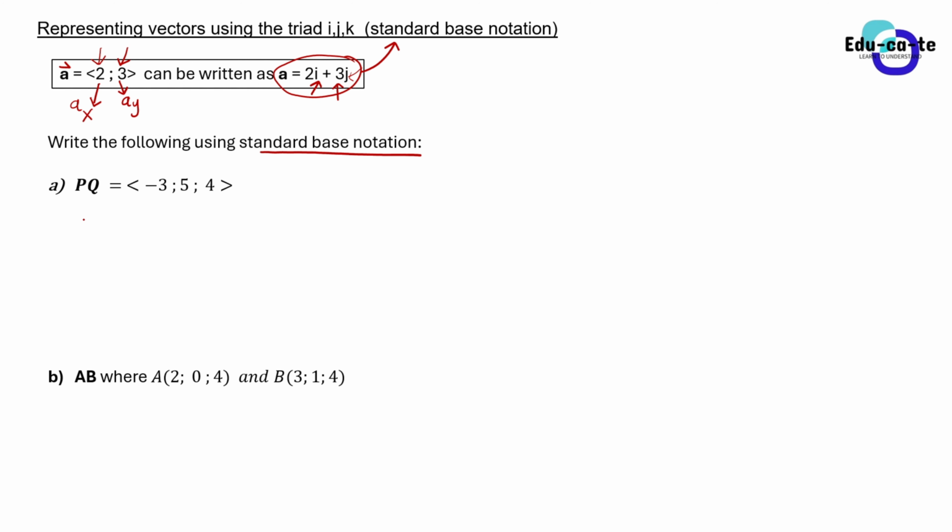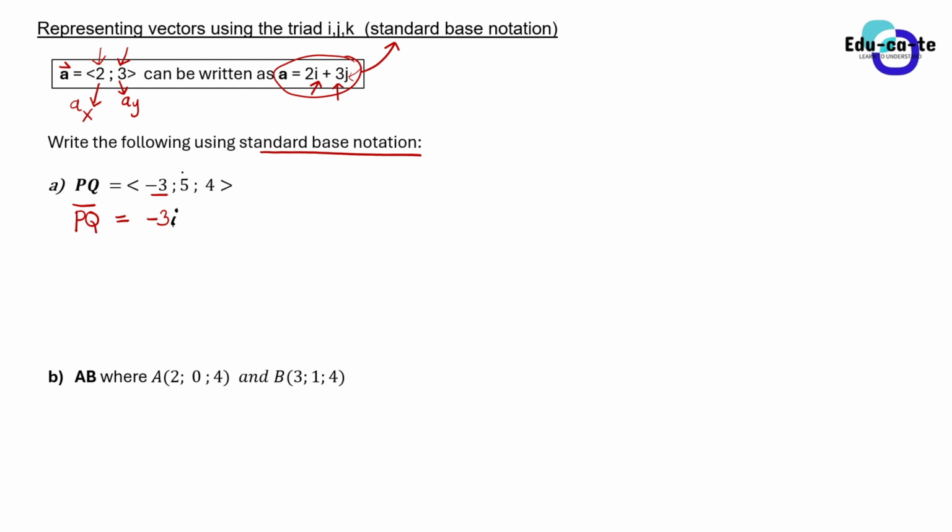So to rewrite vector PQ, I do not have to put these greater than or less than signs. You start with the x component, which is -3, and then you multiply it by the unit vector i. This i next to the 3 is telling us that this x component is along the x-axis.